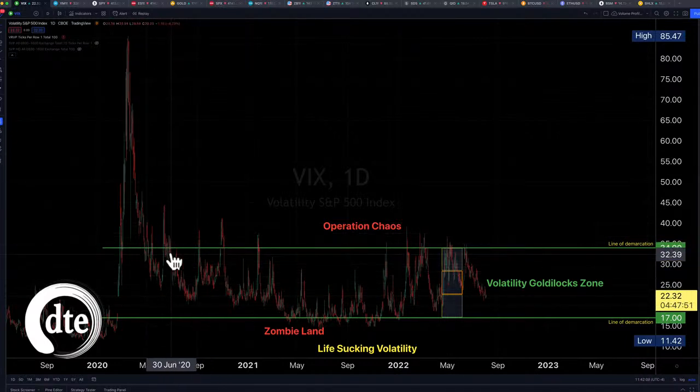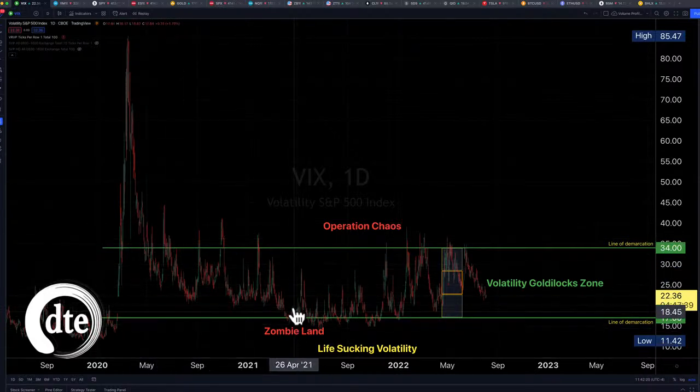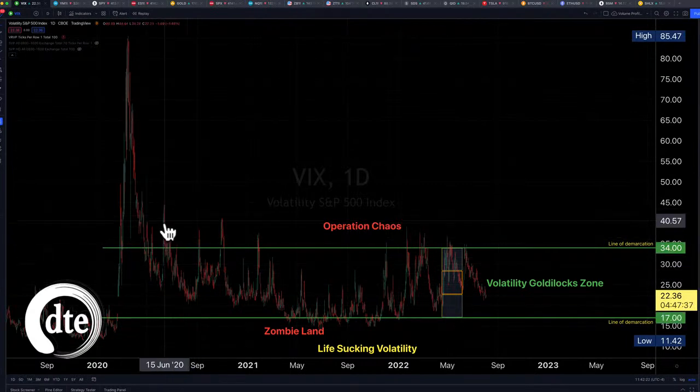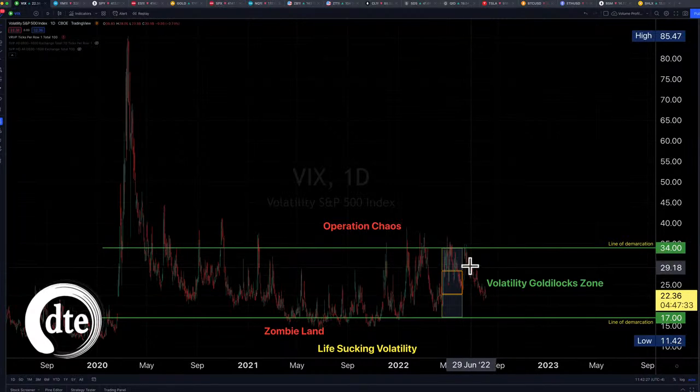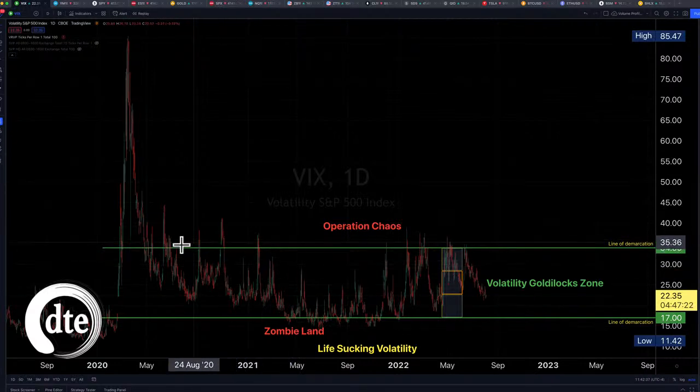But this one actually had greater volatility, and it was a so-so time when we were trading. Let's see. No, we weren't even trading back then. The service actually started right here. So I don't remember what this would have been like. But I'm just saying that this type of move down, this grinding down, is not a normal thing. It happens 1 out of every 10 times, at least looking at this chart.